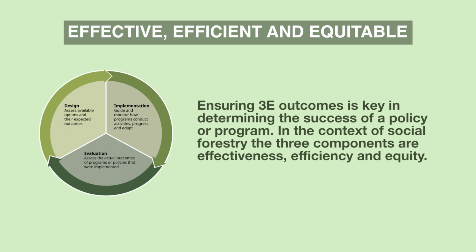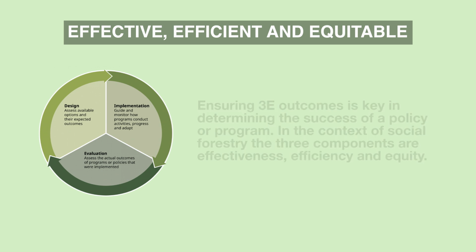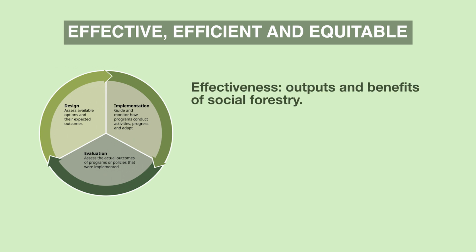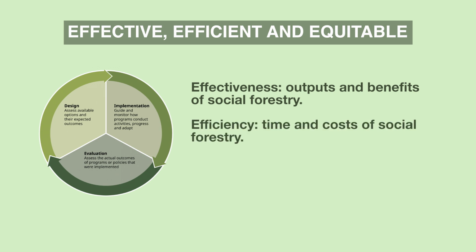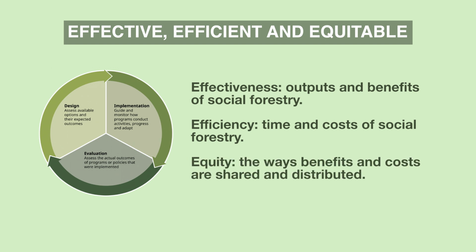In the context of social forestry, the three components are effectiveness, efficiency, and equity. Effectiveness, that is outputs and benefits of social forestry. Efficiency, time and costs of social forestry. And equity is the ways benefits and costs are shared and distributed.